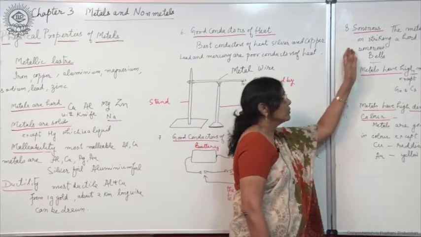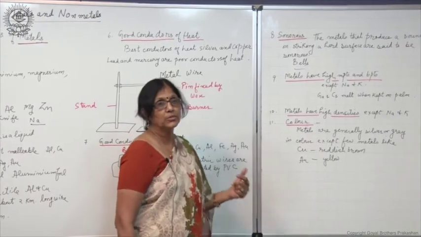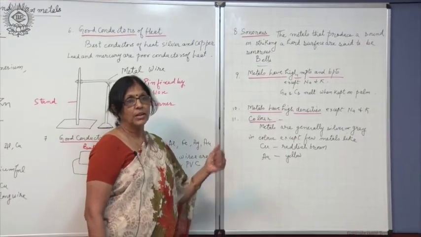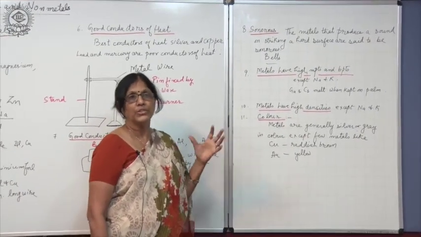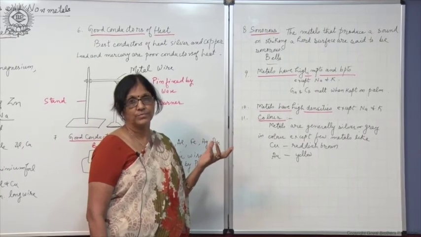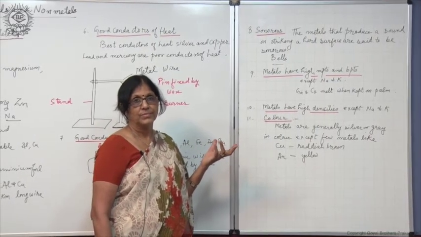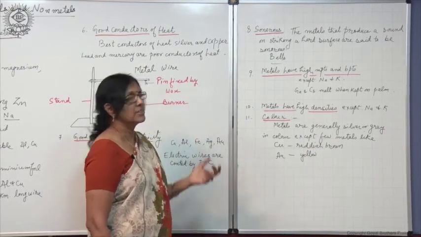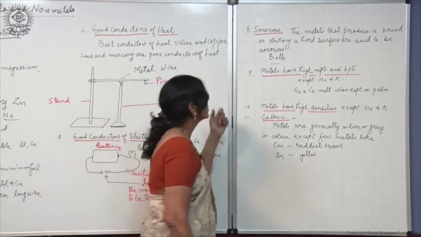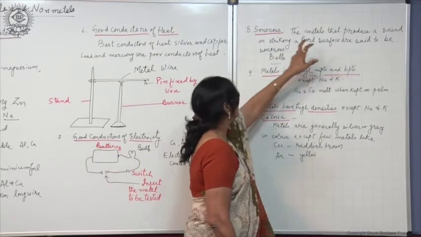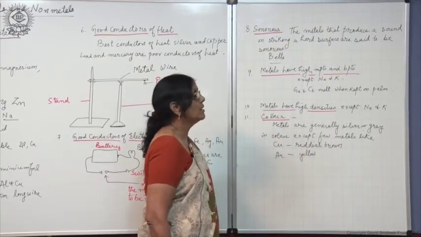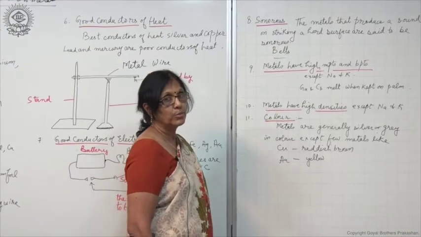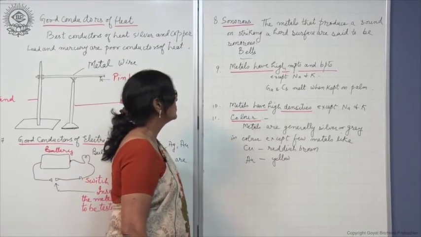Also, you must have seen the bell in the school. On hitting it with a hammer, it produces a ringing sound. This property is known as sonority, and the metals are said to be sonorous. The metals that produce a sound on striking a hard surface are said to be sonorous.